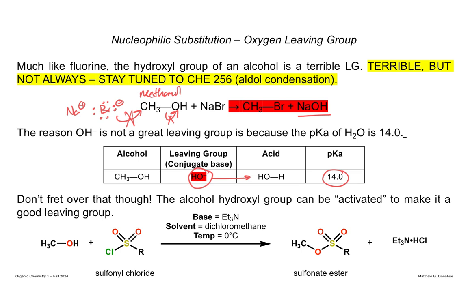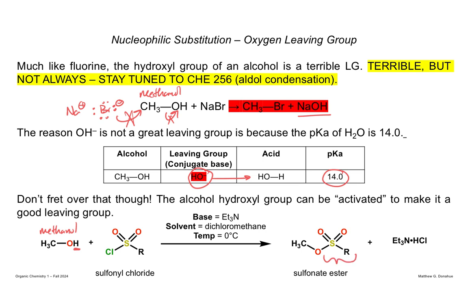So OH minus is a bad leaving group. With that said, you can do a transformation where you take OH and you make it into a good leaving group. And so that's shown in the bottom reaction. So we have methanol again. And notice what we're doing is the oxygen is still retained, but now we're basically substituting the H part for this other group.